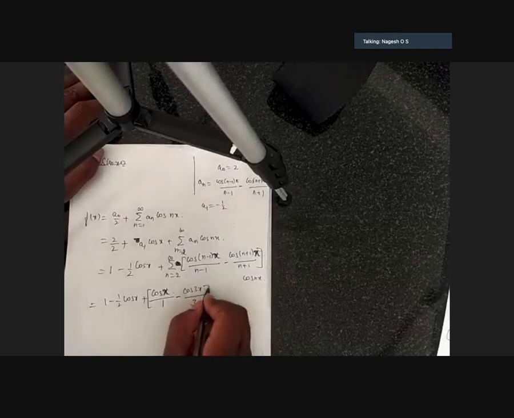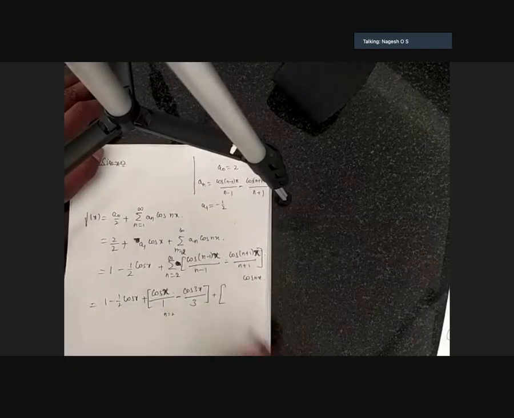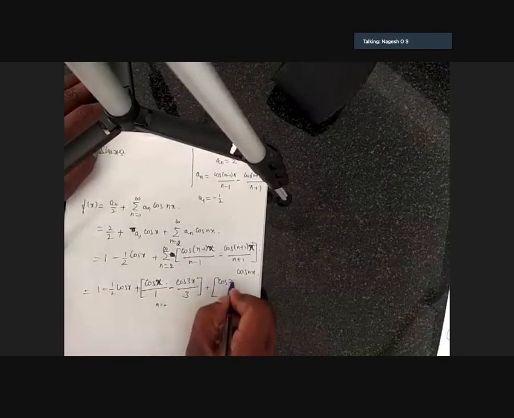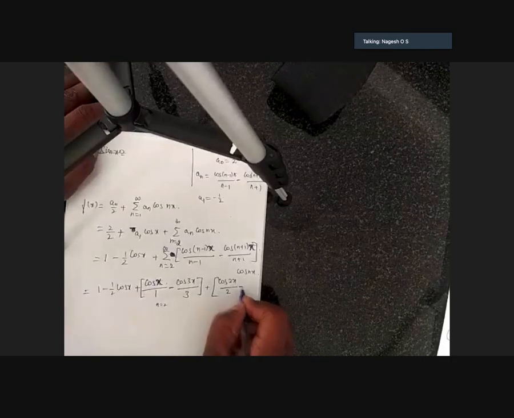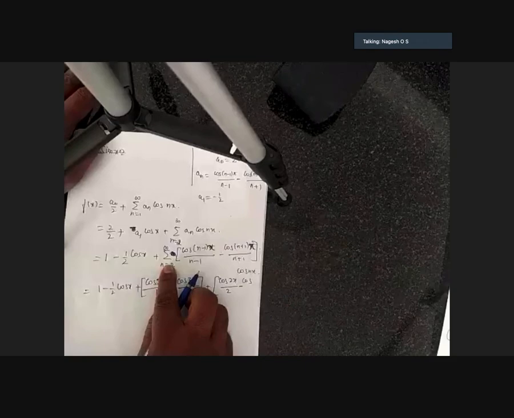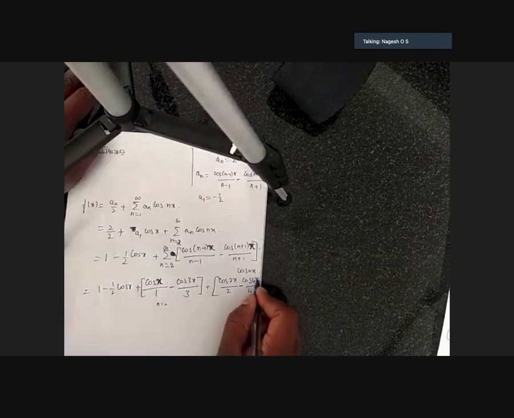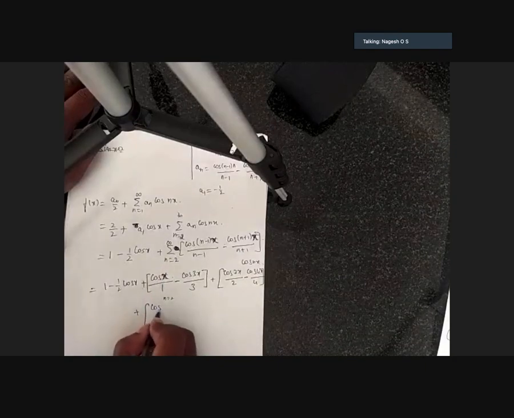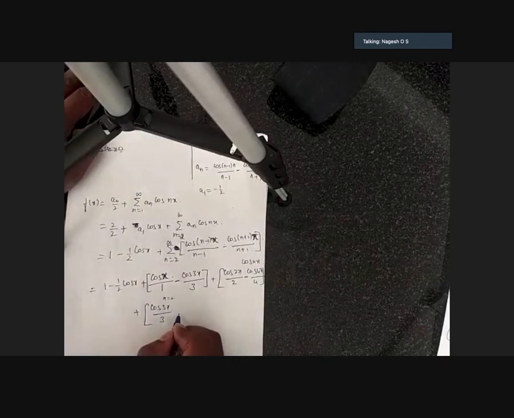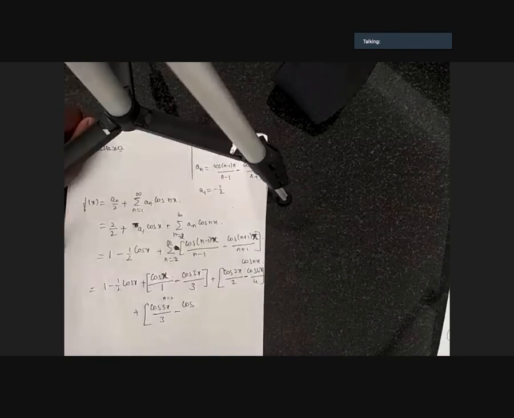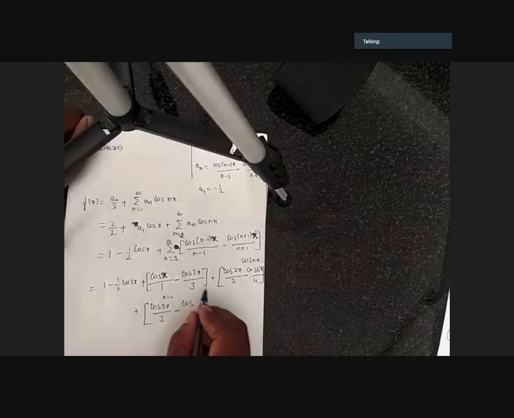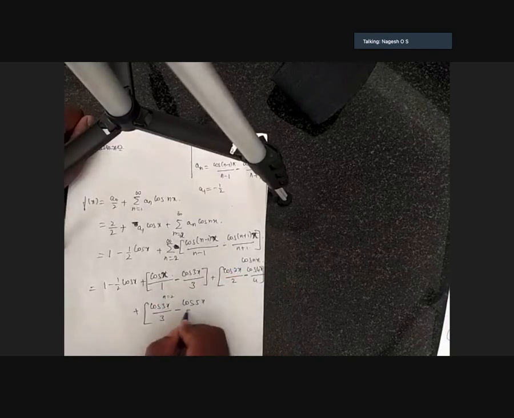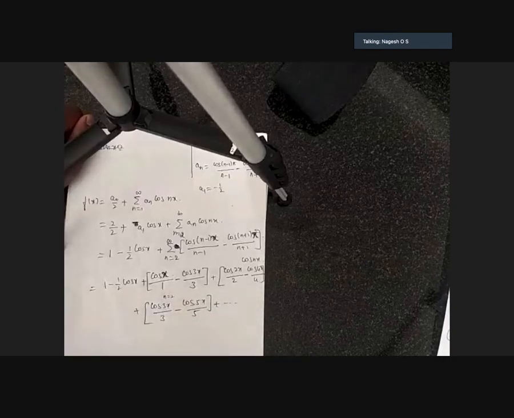This is for n equal to 2, plus n equal to 3: cos (3 minus 1) pi by (3 minus 1), that is 2 cos 2x, minus cos (3 plus 1) pi by 4, cos 4x, plus, give 4, cos (4 minus 1) pi by (4 minus 1), that is 3, minus cos (4 plus 1) pi by 5 cos 5x. It will continue like this.